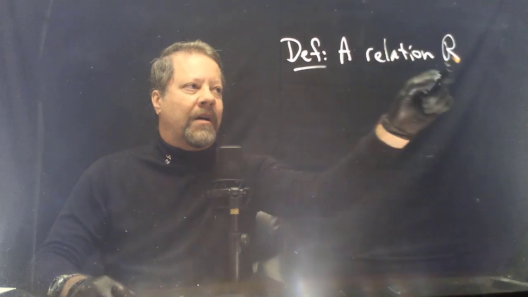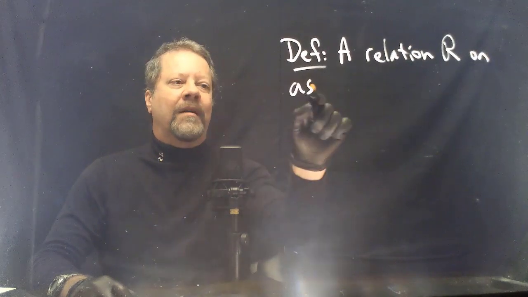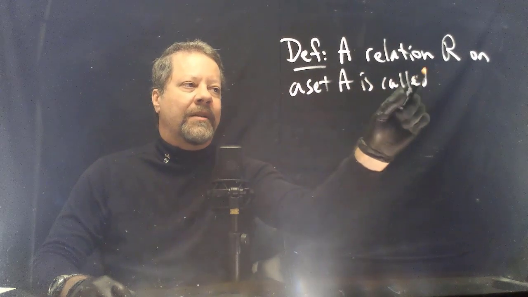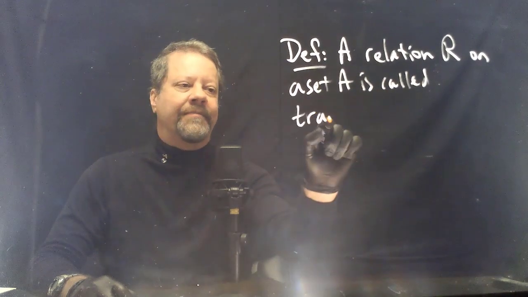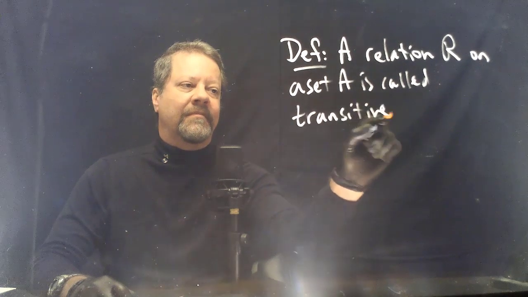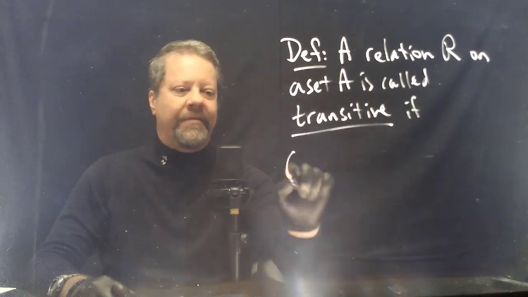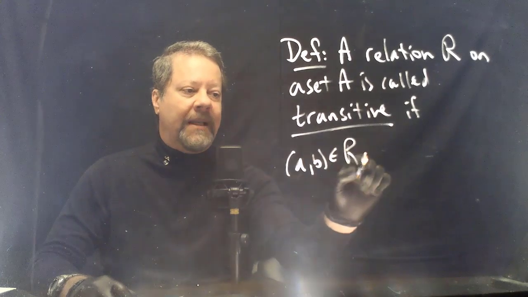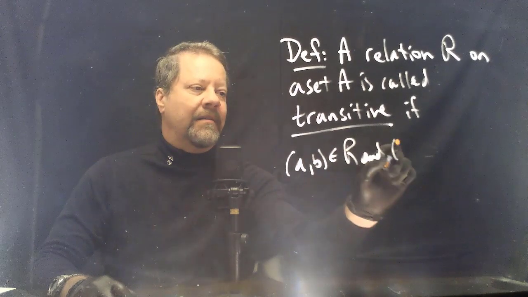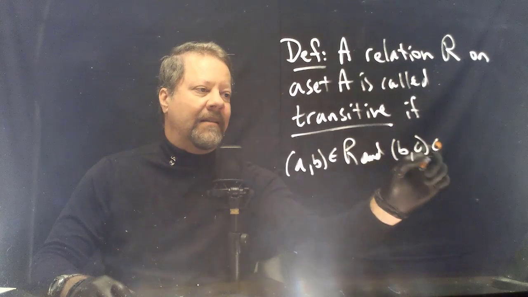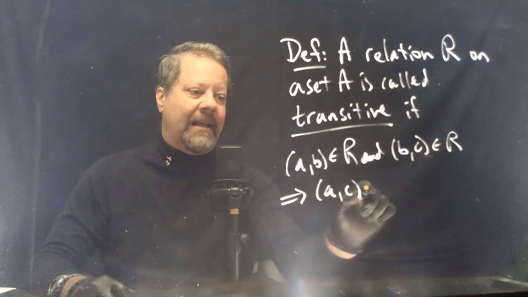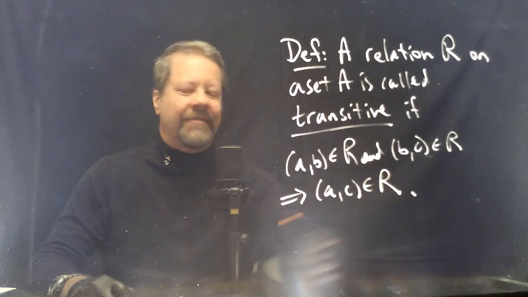A relation R on a set A is called transitive if (a, b) is in the relation and (b, c) is in the relation, implies (a, c) is also in the relation.